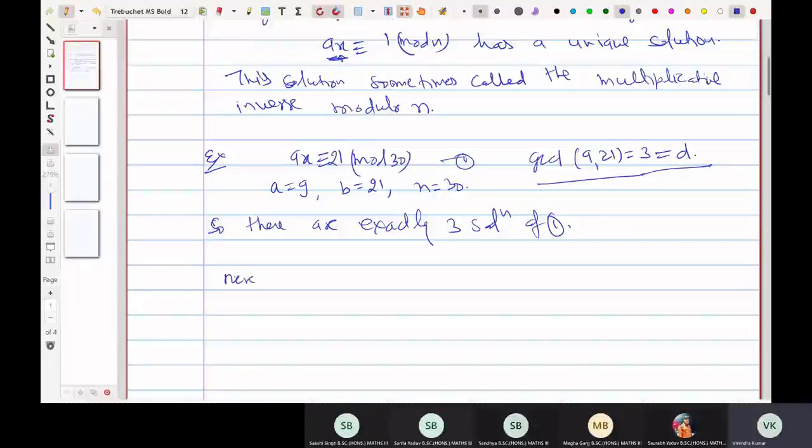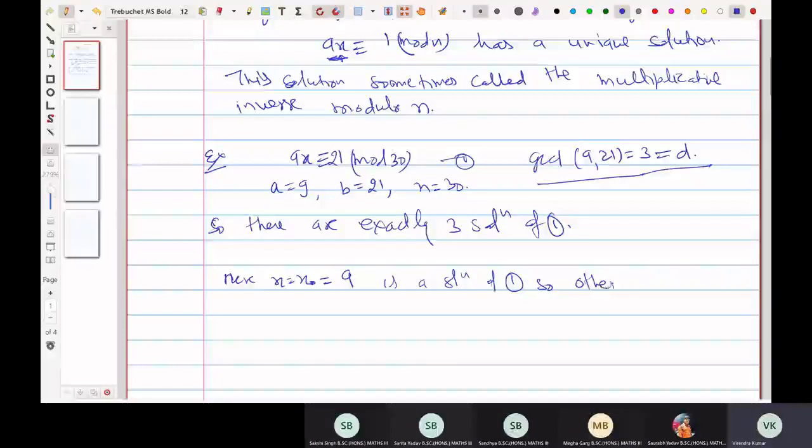Here we take x0 equals 9. So 9 times 9 is 81, minus 21 gives 60, and 60 is divisible by 30. So x0 equals 9 is a solution.